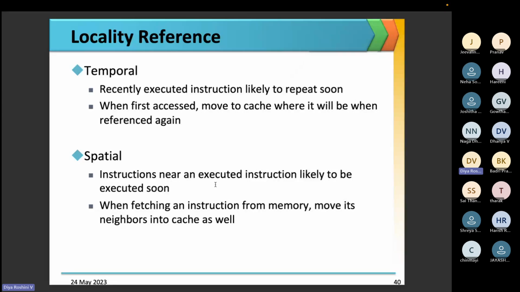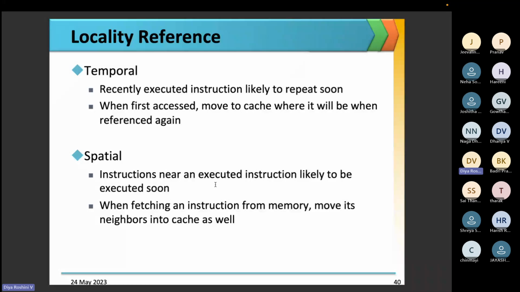For temporal locality, I take my frequently used instruction and put it in my cache. So whenever I need it, I'll access it from the cache only, with a very small access time, rather than going back to the main memory to fetch it every time, even though it's the same instruction. That's how temporal locality is implemented in the cache.